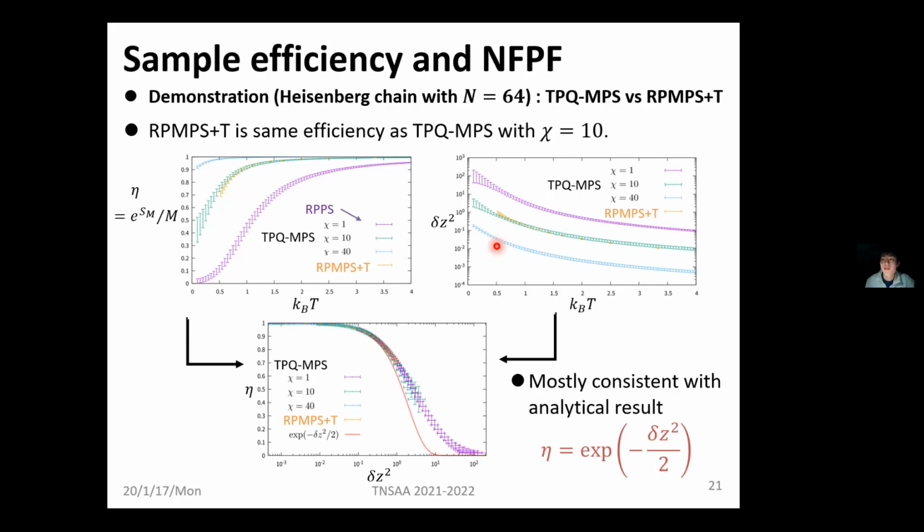But low temperature, but typical MPS can calculate low temperature, but it is not appropriate for only ground state calculation because typical MPS has auxiliaries.